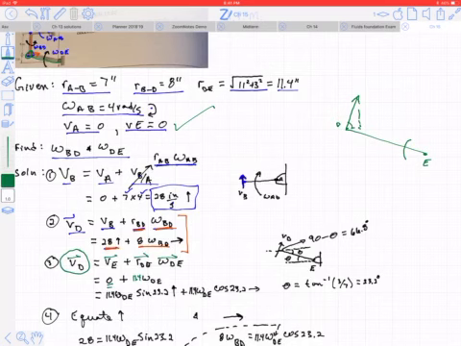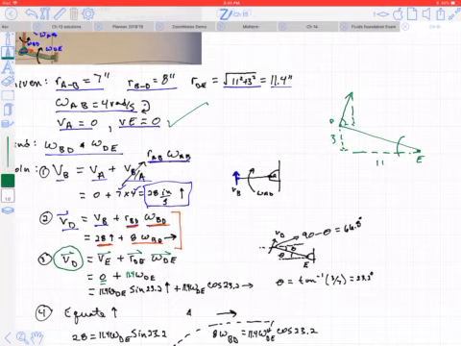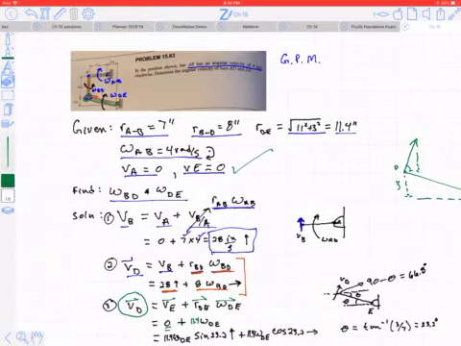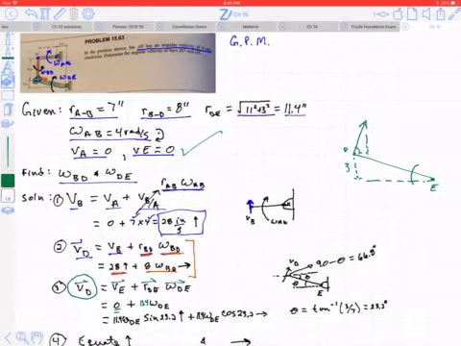Well, we can use some trigonometry. We were given enough information to know that this was 3 inches and this was 11 inches. Oops, no, this is 7 inches, sorry. No, it really is 11 inches.